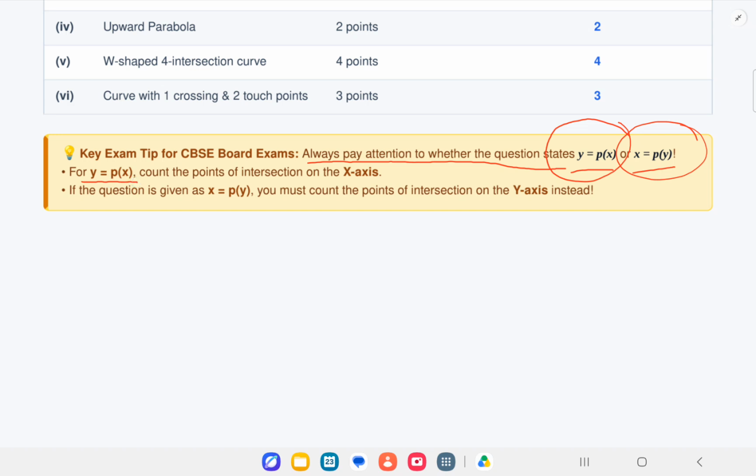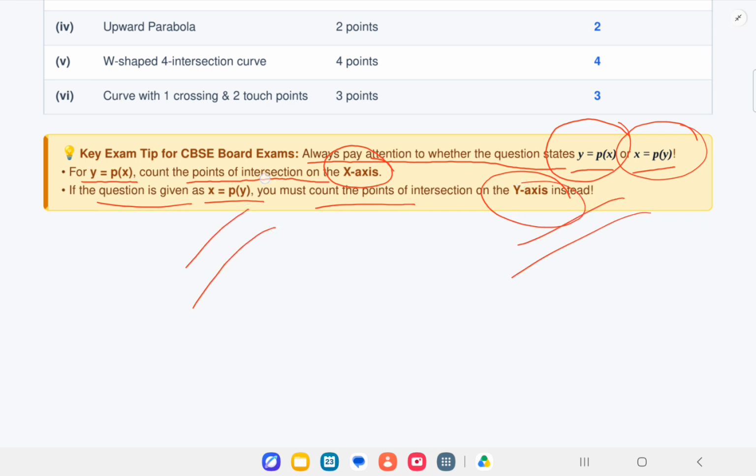If you are given y equals p(x), then count the points of intersection on the x-axis. ओके, तब तो आपको x-axis पर काउंट करने हैं. And if the question is given as x equals p(y), then you must count the points of intersection on the y-axis instead. ओके, सो आपको ये ध्यान रखना है, अगर आपको x इज इक्वल्स टू p(y) गिवन होगा तब आप y-axis पर पॉइंट काउंट करेंगे, और अगर आपको y इज इक्वल्स टू p(x) दिया होगा तब आप x-axis पर काउंट करेंगे.